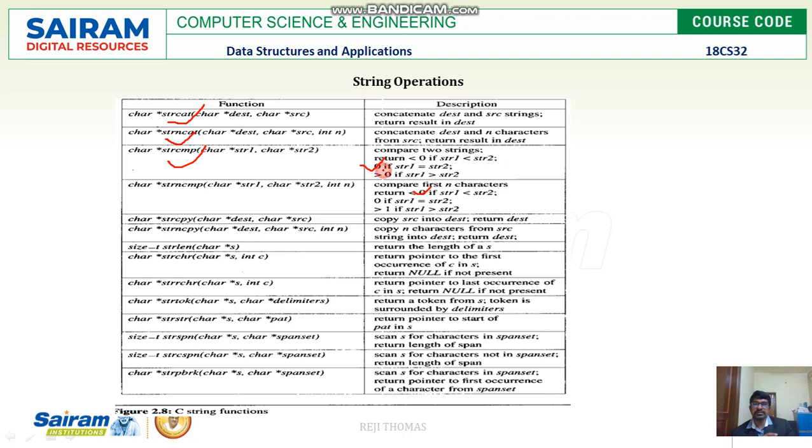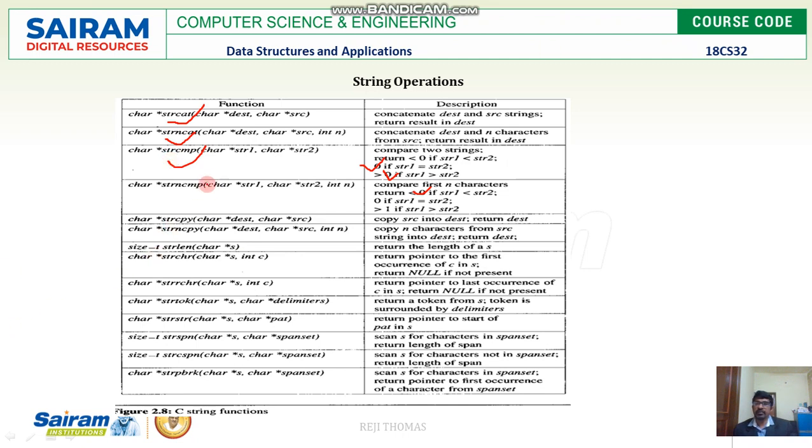And if the first string is greater than the second string, your function strcmp is going to return a value greater than 0. So please remember, strcmp is an inbuilt function which is going to compare two strings and give you three possible values: less than 0, equal to 0, or greater than 0.